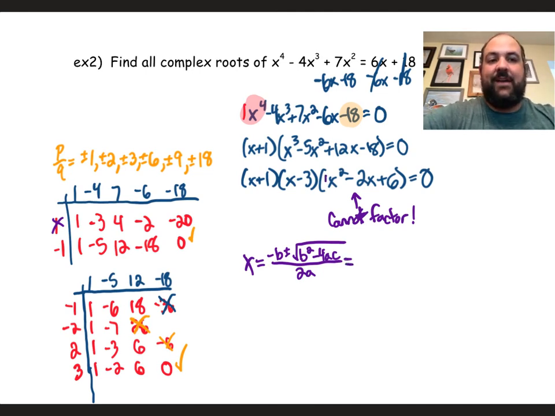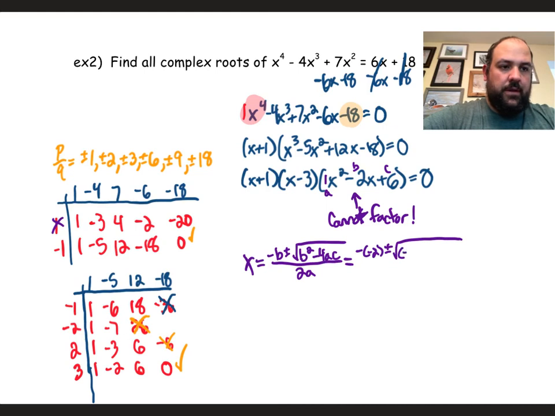In this case, the a value would be 1, b value is -2, c value is 6. So we would have the opposite of -2 plus or minus the square root of -2 squared minus 4 times 1 times 6 all over 2 times 1.